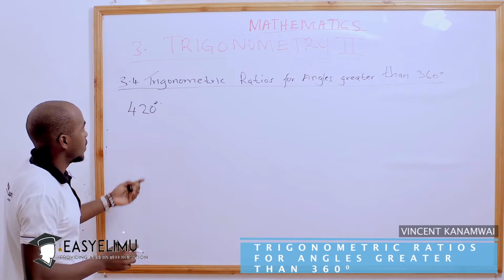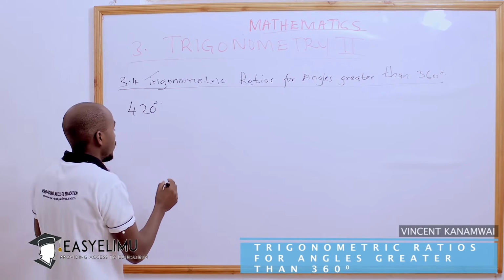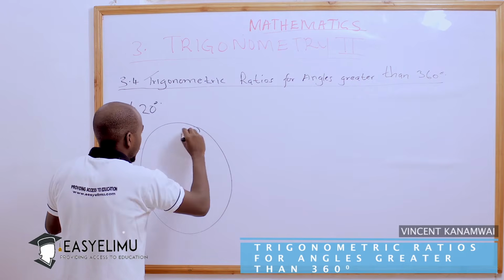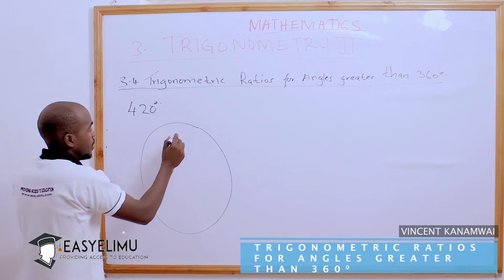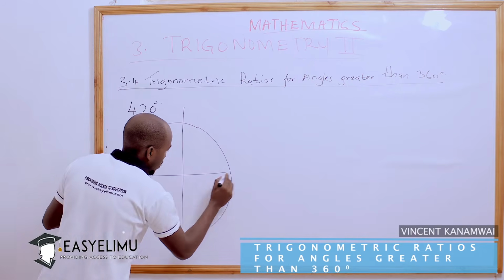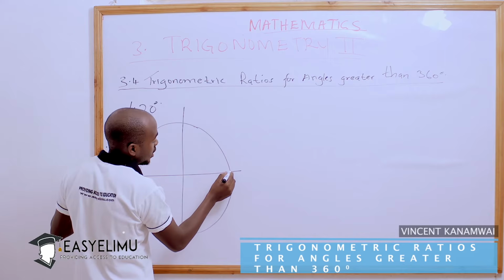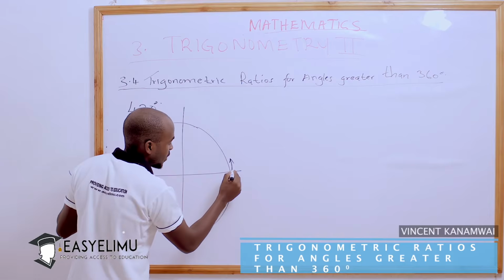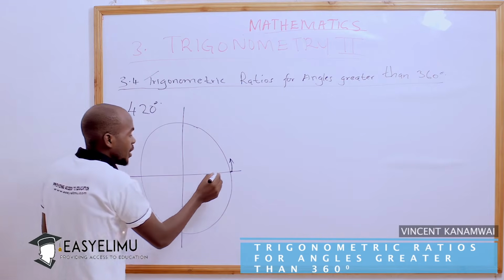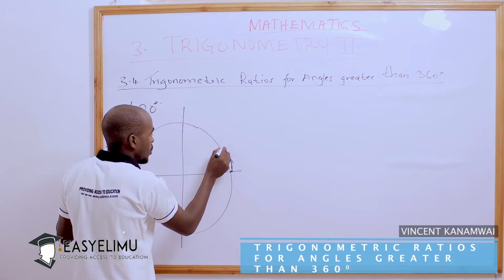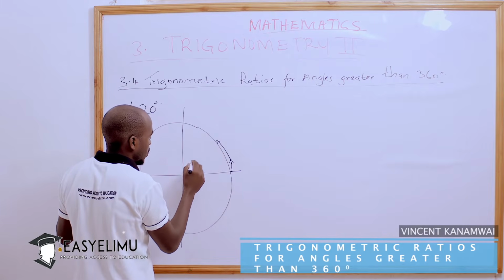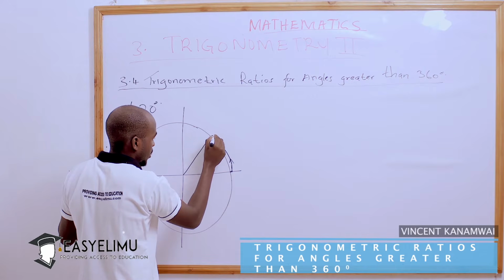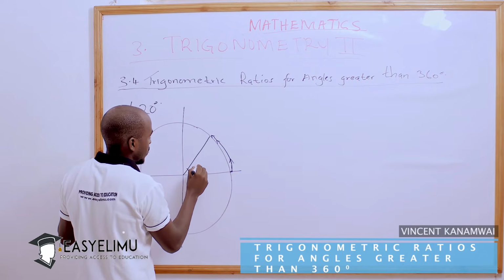If we map it on a unit circle drawn on a Cartesian plane, you will find out that the angle will overlap, in that it will move one full rotation up to that point, that is 360, with an overlap of additional, and you will find it moves up to that point, and that is 60 degrees.